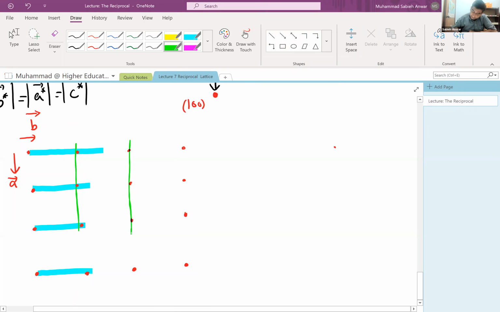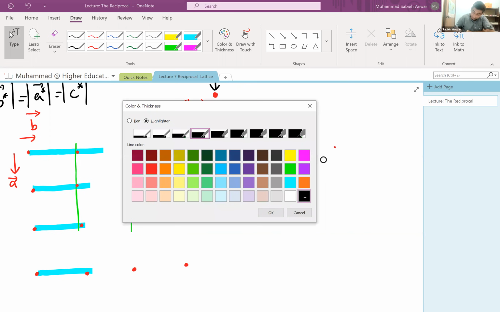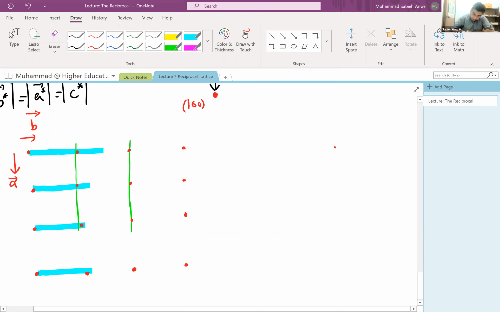These are the planes that are on the edges of the unit cell. So now I could draw a normal to this plane.